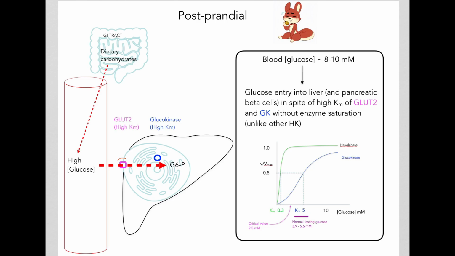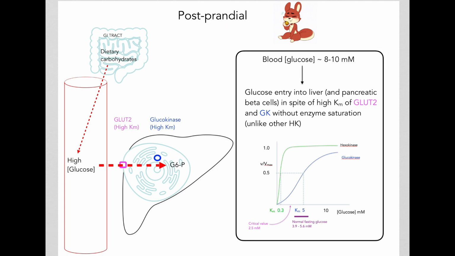Note that the transport protein that brings glucose into the liver cells, which is GLUT2, also has a very high Km for glucose, which means it works very well only when the glucose concentration is very high. It will bring glucose into the hepatocytes very well only when the glucose concentration is very high, and the only time the glucose concentration is very high is after a meal.